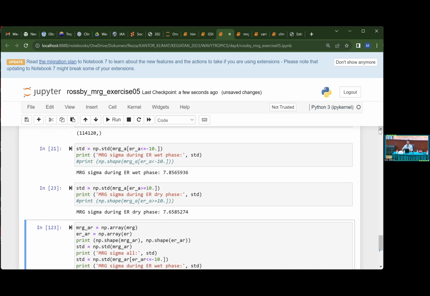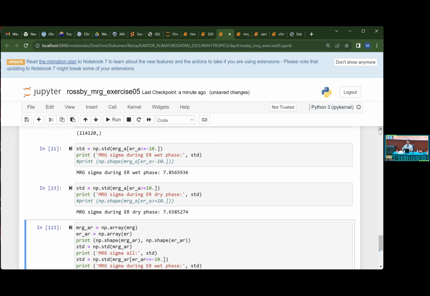But what I did for my master thesis is to calculate this variance during the different phases. During the wet phase, the higher frequency wave is more active than in the dry phase, which means that the Rossby wave actually somehow modulates the activity of the MRG.